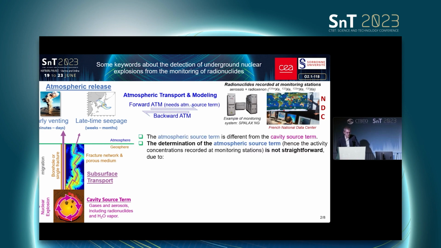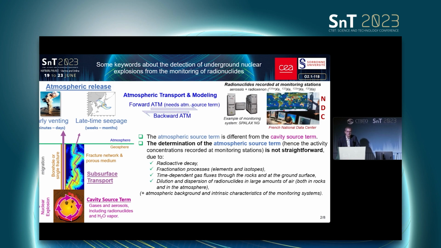As a result, the atmospheric source term is different from the cavity source term, and its determination is not straightforward due to radioactive decay and daughter products, fractionation processes of elements and isotopes, time-dependent gas fluxes through the rocks and at the ground surface, as well as dilution and dispersion of the radionuclides in large amounts of air, both in the rocks and in the atmosphere.